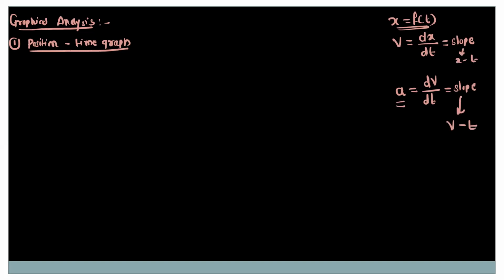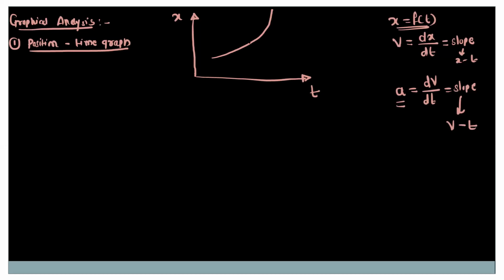So now refer, if the position time graph is given, here the y-axis is the position and the x-axis is the time. Okay. And the graph is like this. Okay, so this is just an example.